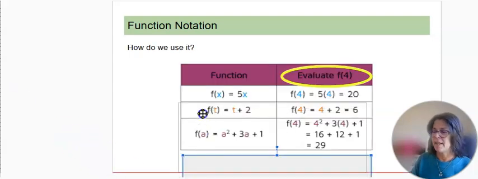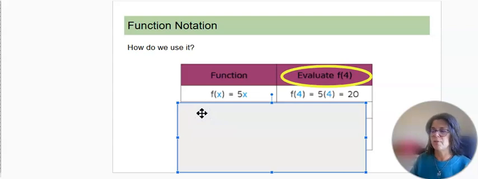If you look at these, this is how we use function notation. You may be asked to evaluate something like f of 4. That says for the function called f, we're going to use an input of 4. So we literally take the 4 and plug it in wherever we see an x.